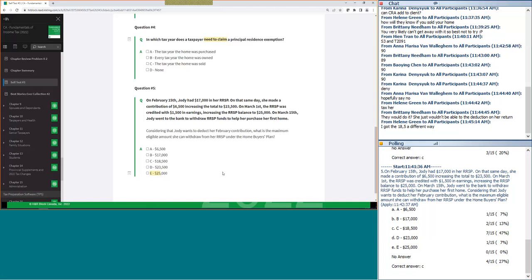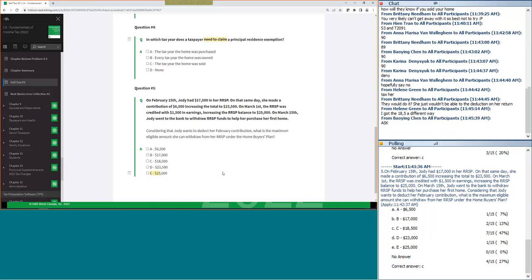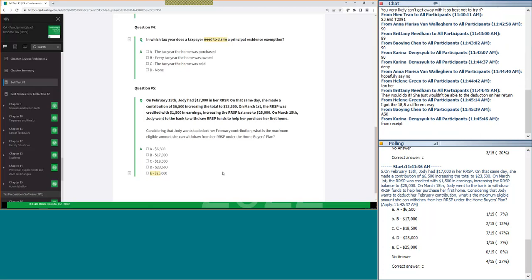How would you know what date she put the money in and what date she took the money out? When she puts the money in, you're going to get an RSP receipt, and in this case, it would say January, February 2021 from the last year.